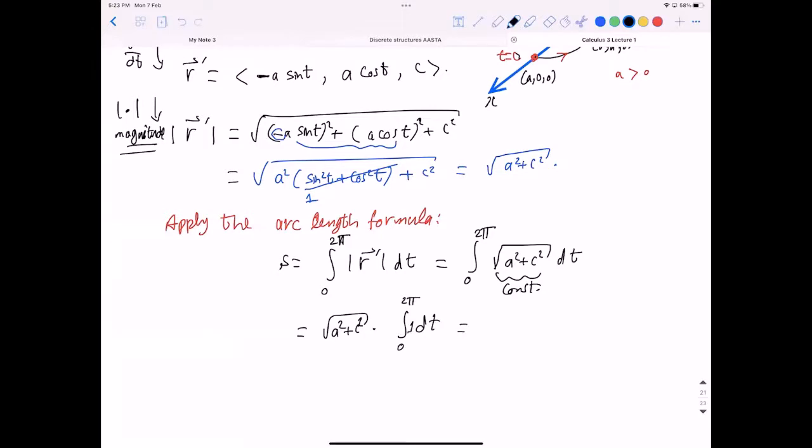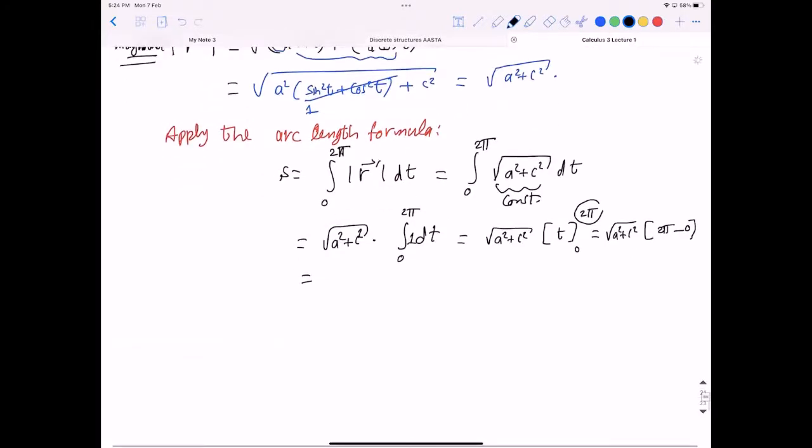Integrate 1 dt is t. So we get square root of A square plus C square times t from 0 to 2 pi. Then substitute the upper bound to get 2 pi, subtract the lower bound to get 0.